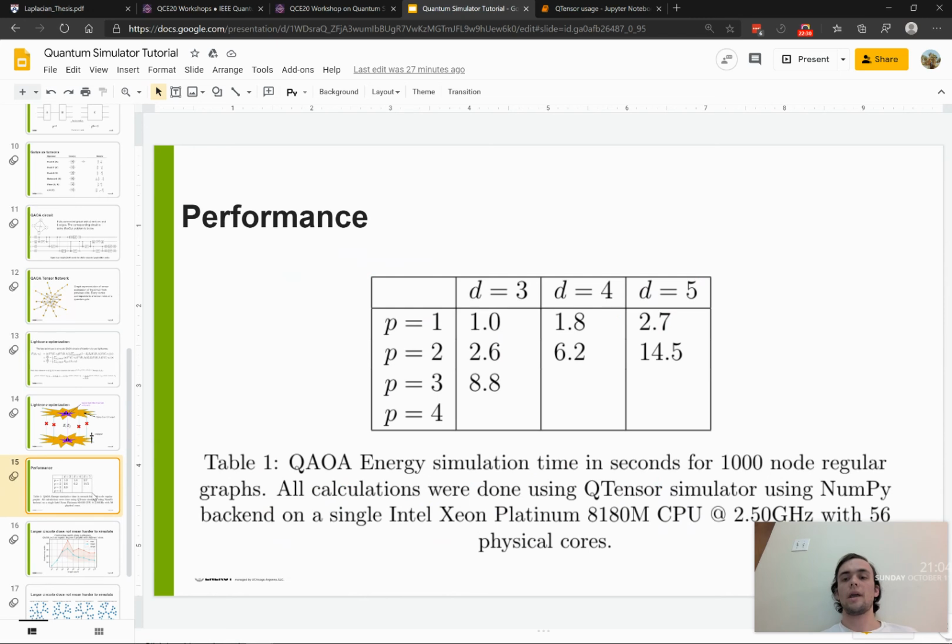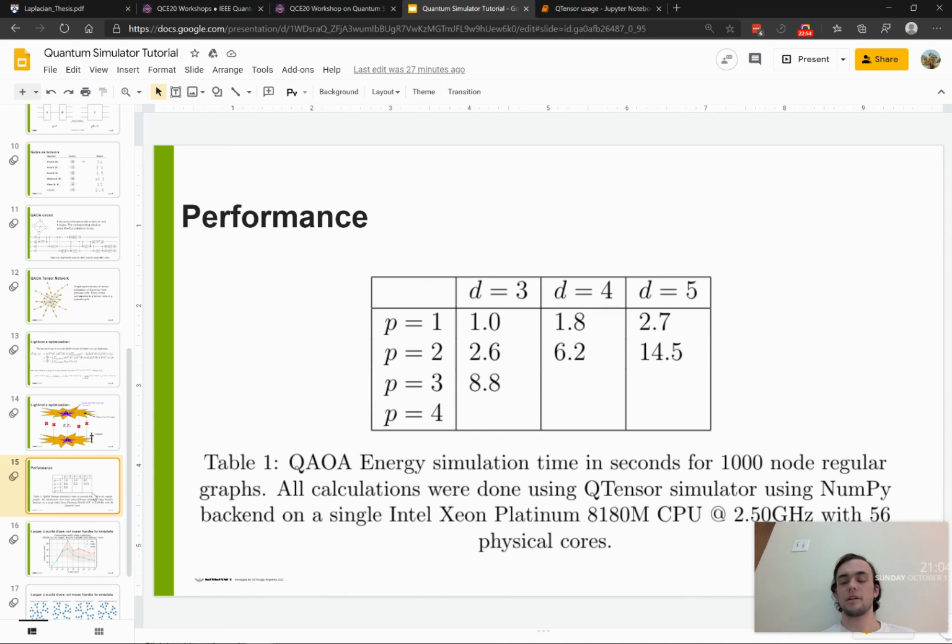So we have the numbers for QAOA of degree from 3 to 5 and from p equals 1 to 2 for all degrees, and we have p equals 3 for degree equals 3, and these are just seconds for the 1000 node graph. And well, this is pretty impressive.